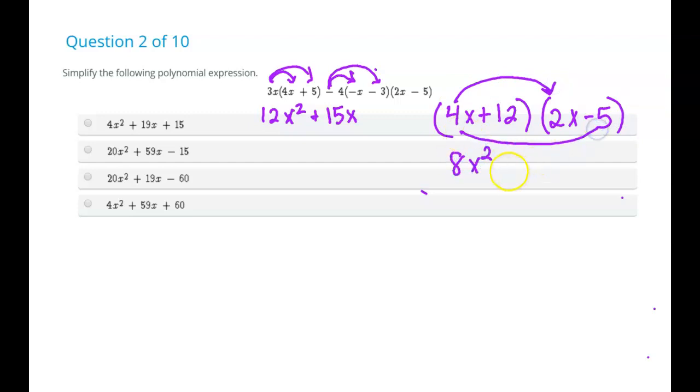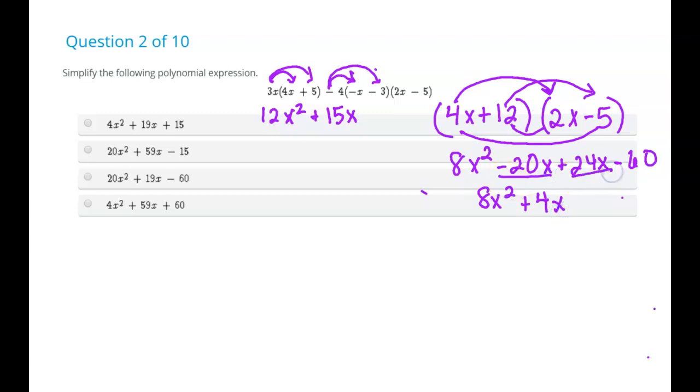My outer would give me negative 20x. My inner would give me 24x, and my last would give me negative 60. So 8x squared plus 4x, when I combine negative 20x and positive 24x, minus 60.